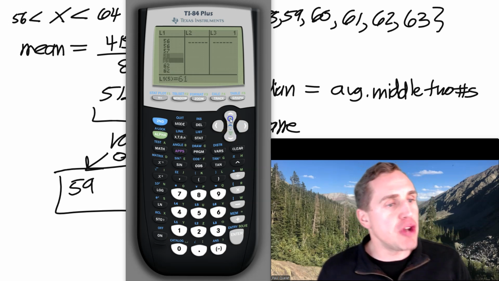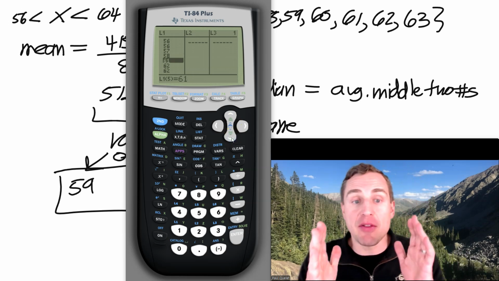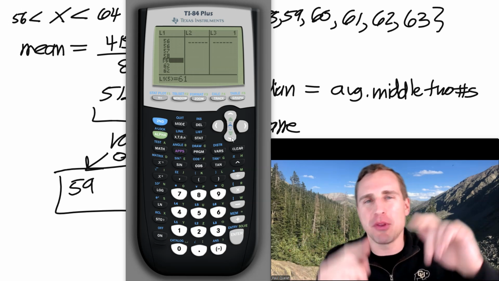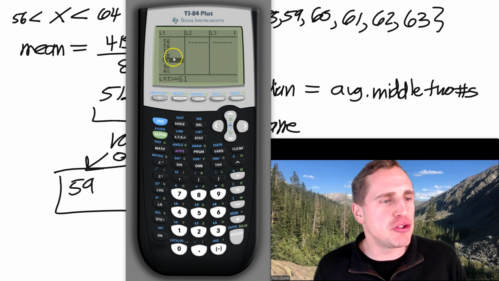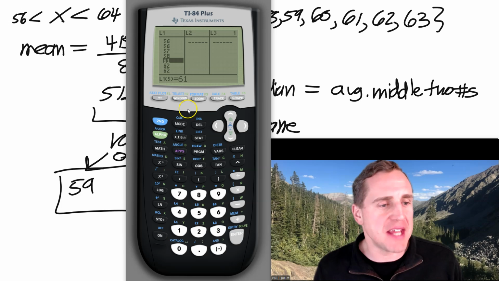The middle two numbers of this data set are 58 and 61. Because the median is the middle number, but when there's two numbers, you take the average of those two numbers. The average of those two numbers is 59.5. So it's the same median.